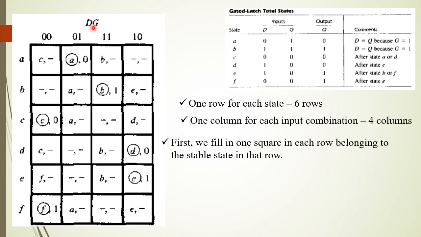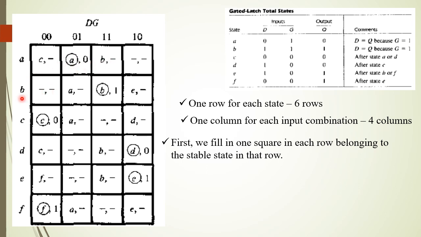The binary values for D and G, 0 0, 0 1, 1 1, 1 0, are written as the column headings. So for A, 0 1, we will enter A in the second column and make it a stable state with a circle, and the output at that time is 0. Now we have filled up the first row with a stable state, one entry made.